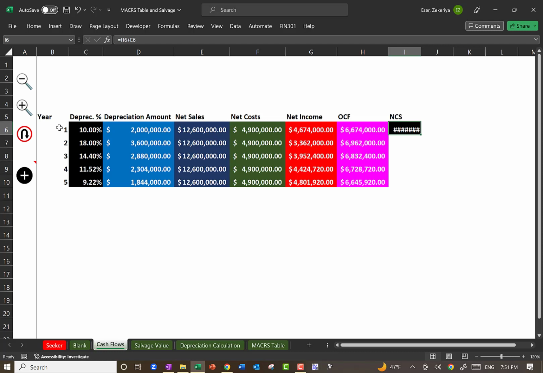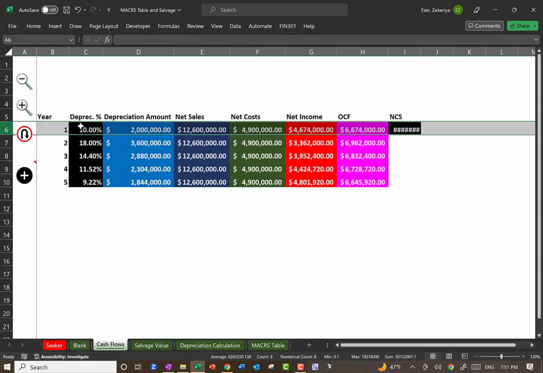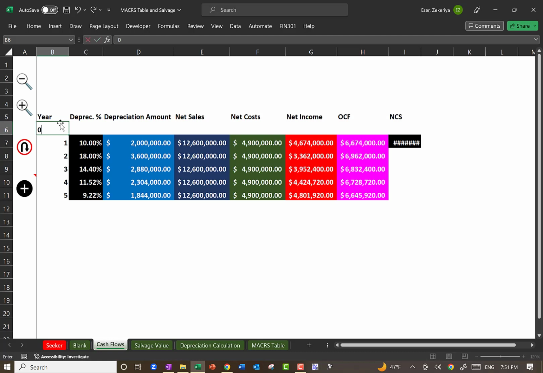Oh, let me add a row. So I have year 0. Obviously, OCF is 0 in year 0.